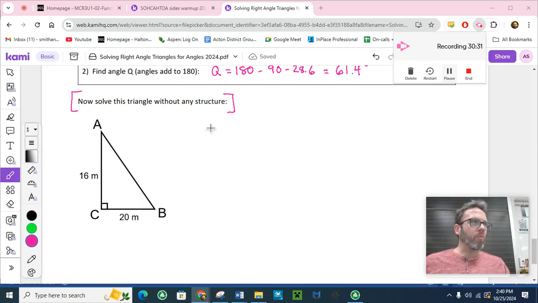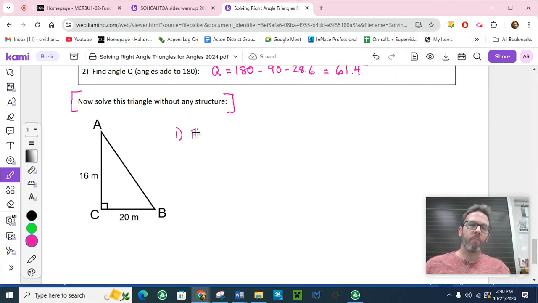Which side did you guys find first, or angle? Did anyone find angle A first? Mackenzie, you found angle B first? Well, guess what? I'm going to find angle A first then, just to be different, just to show you guys it doesn't matter. So angle A, my 20 will be my opposite, and my 16 will be my adjacent.